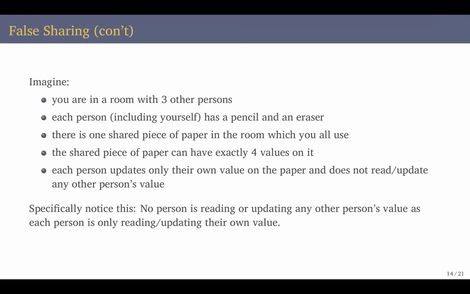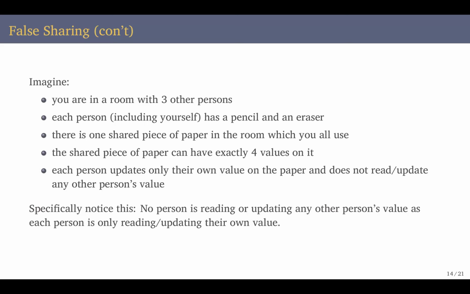So, very similarly to the scenario I presented just a moment ago, now imagine you're in a room, could be the same room, whatever, with 3 other persons. And again, I don't care how many other persons there are, there's just more than one. So you have some level of concurrent or parallel behavior here. So every person, including yourself, has a pencil and eraser still. And there's one shared piece of paper in this room which you all use in the same sort of way.